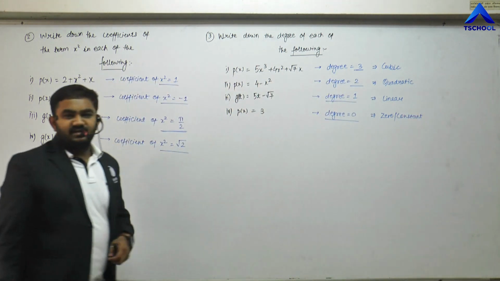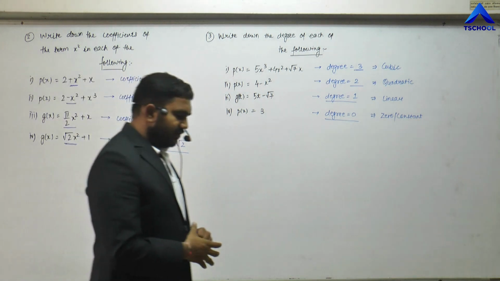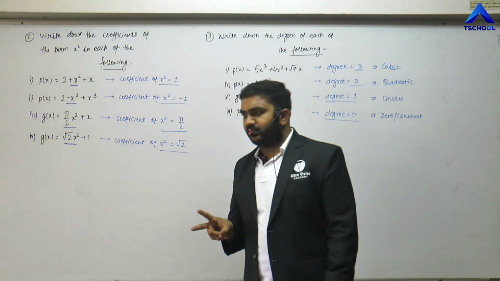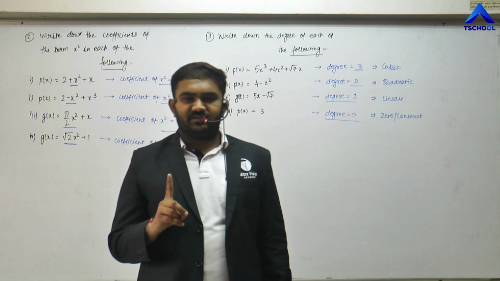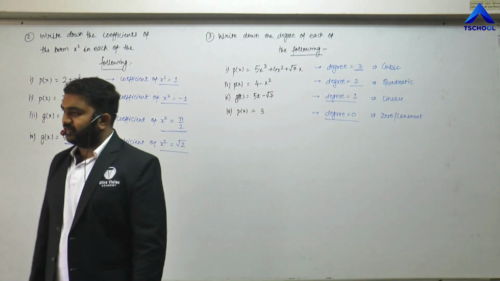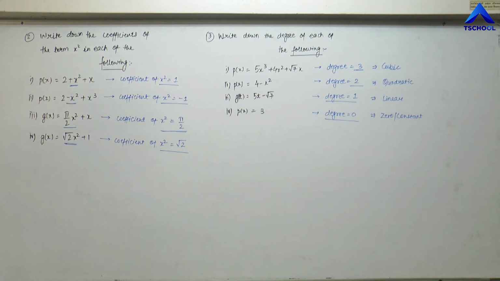Is it clear, friends? This might be clear to you because this is what we have learned in the classification of polynomials: a polynomial of degree 3 is known as a cubic polynomial, a polynomial of degree 2 is known as a quadratic polynomial, a polynomial of degree 1 is known as a linear polynomial, and that of degree 0 is known as a zero or a constant polynomial. Okay.